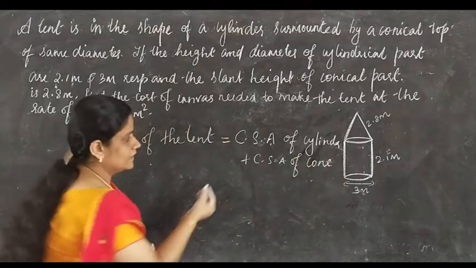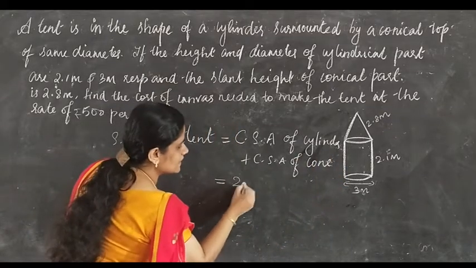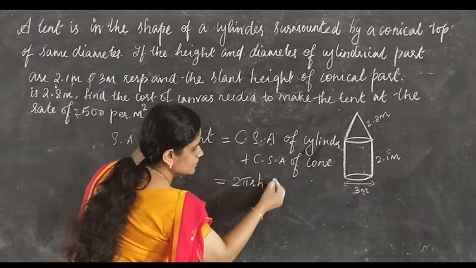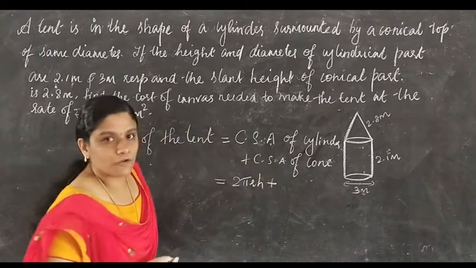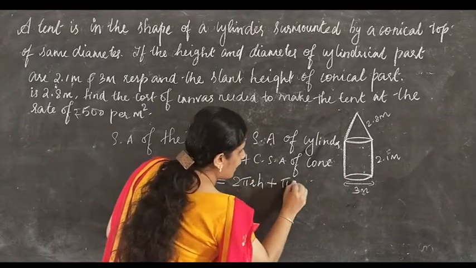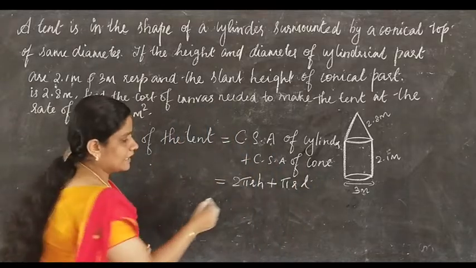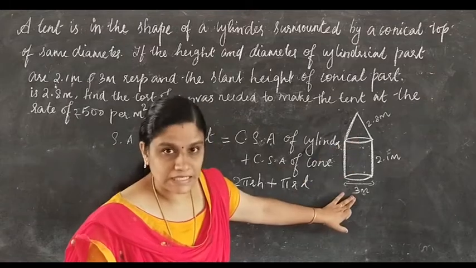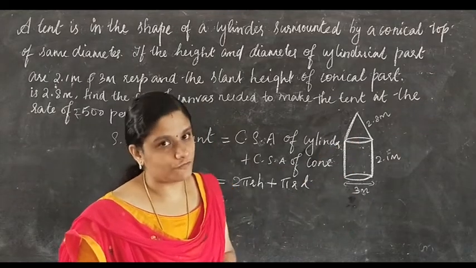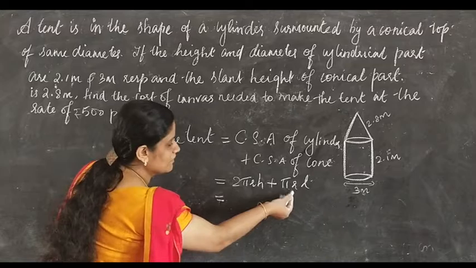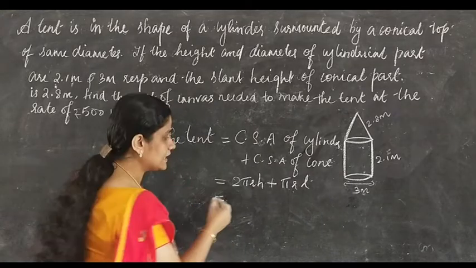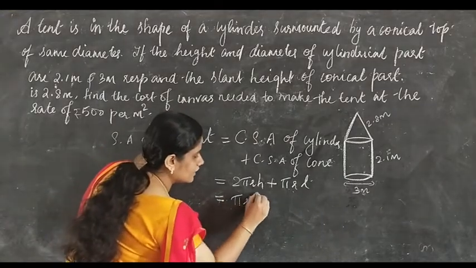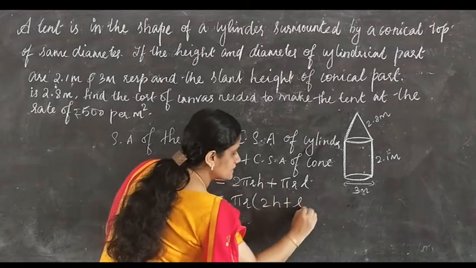Now, what is CSA of cylinder? 2 pi r h, plus CSA of cone, pi r l. Now, from here, radius is same for both. Here the diameter is 3 meter, therefore radius is equal to 1.5 meter. So, from here, pi r is common. So, we can take that outside. Pi r into 2h plus l.